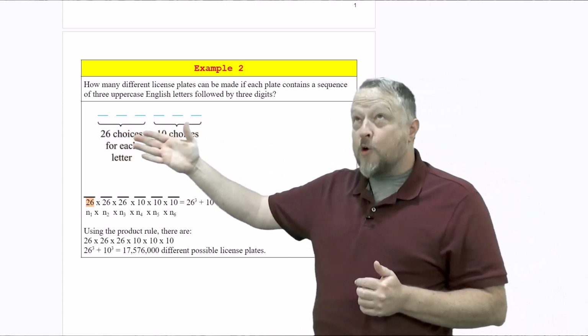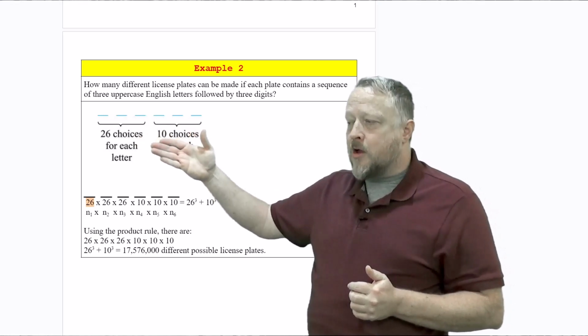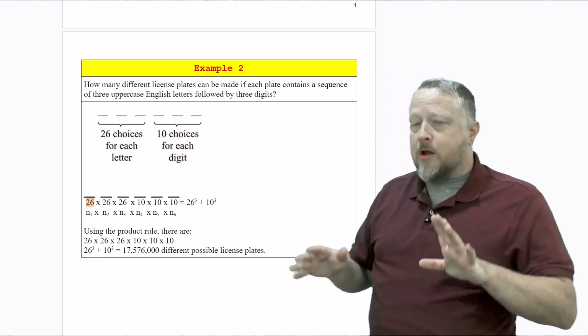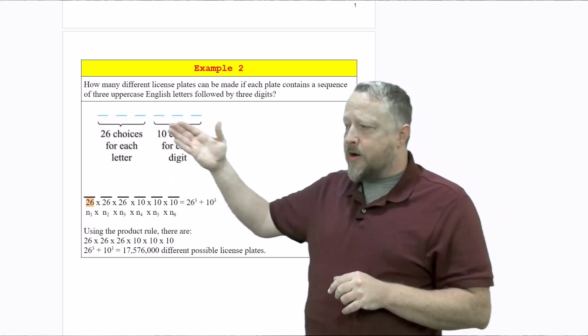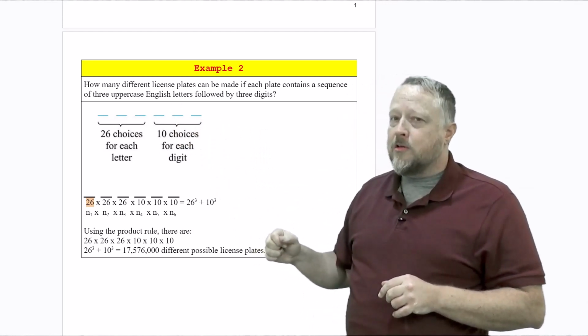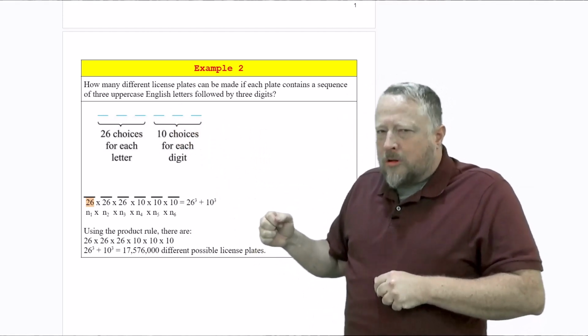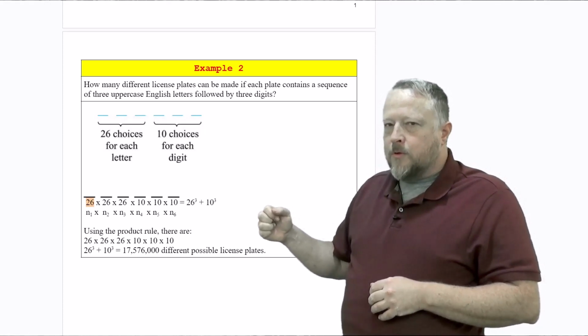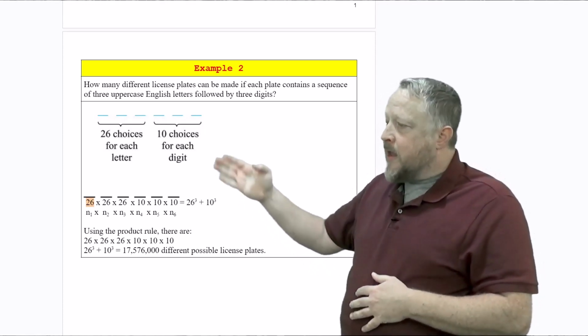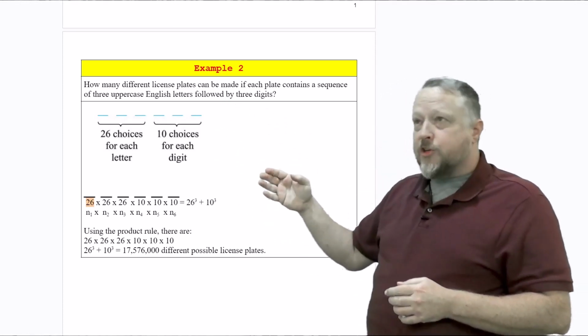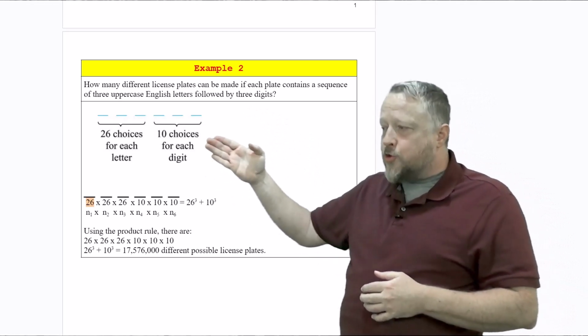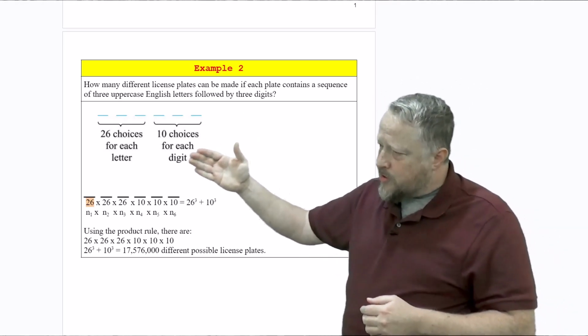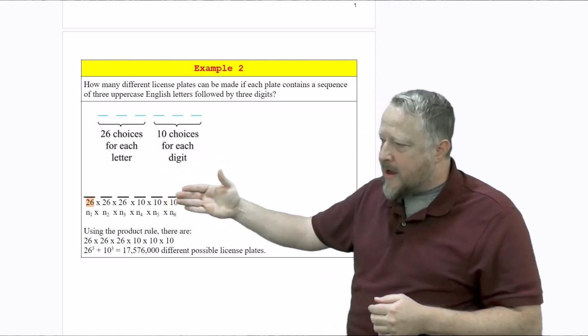For the first 3 positions, there are 26 choices. I'm being very specific here on uppercase English letters, and that's why 26. Then followed by 3 digits, from 0 to 9, which is 10 choices for each of them. That maps to exactly what I have down here.